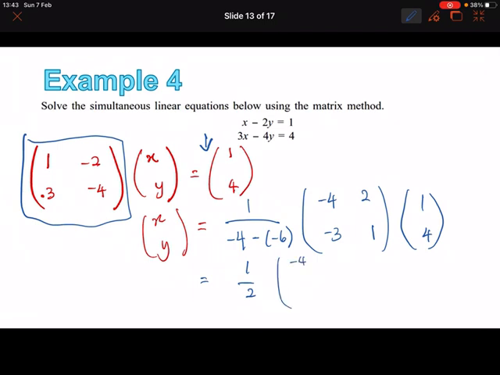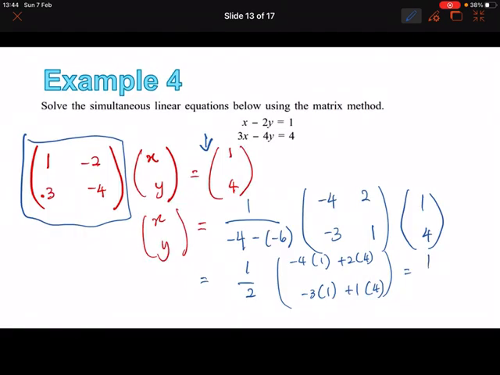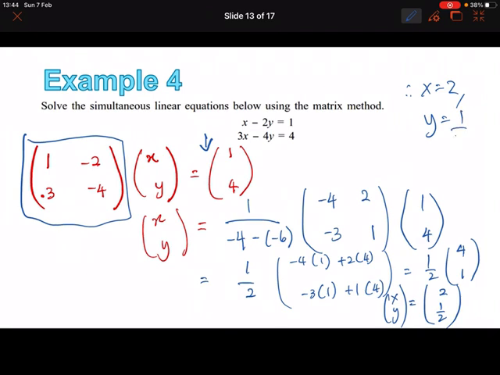We get -4 times 1 plus 2 times 4, -3 times 1 plus 1 times 4. So -4 plus 8 and -3 plus 4, that is 4 and 1, over 2. So we got 2 and 1 over 2. So x equals 2, y equals 1 over 2.